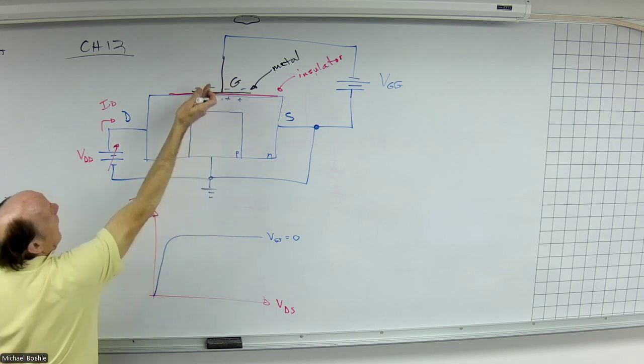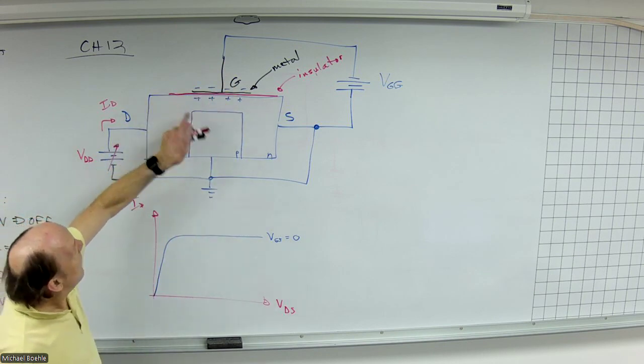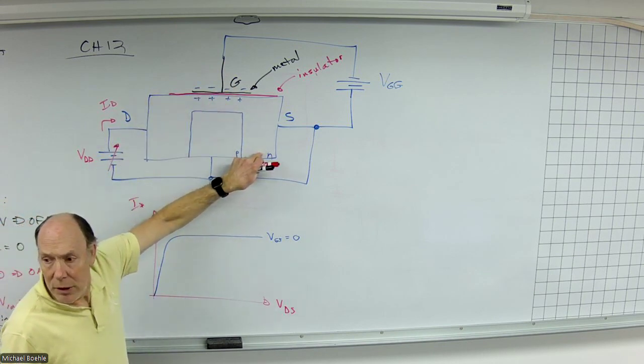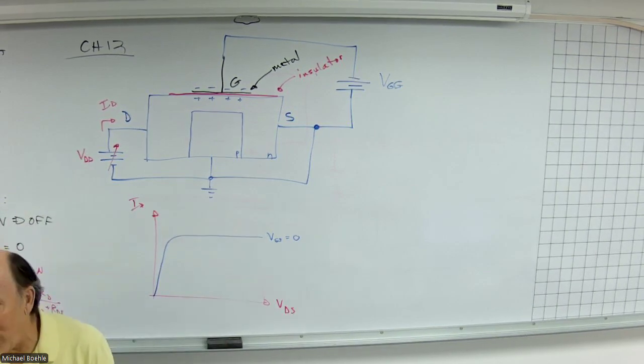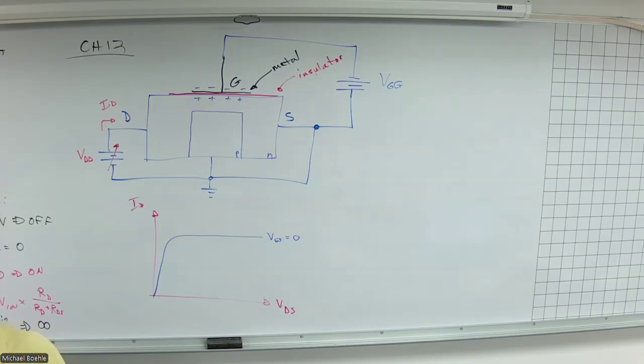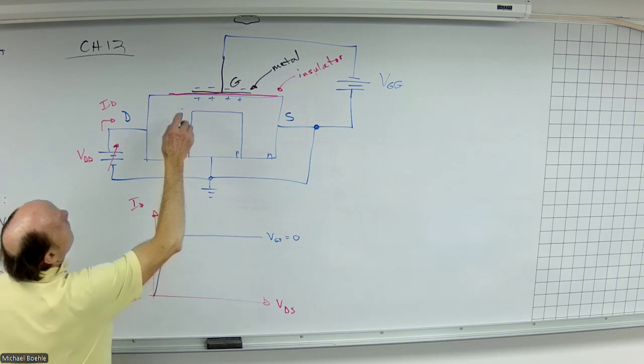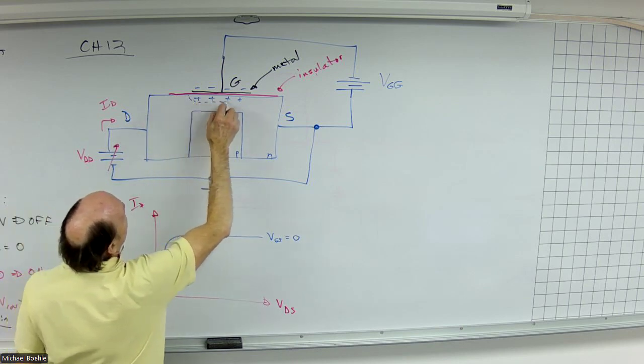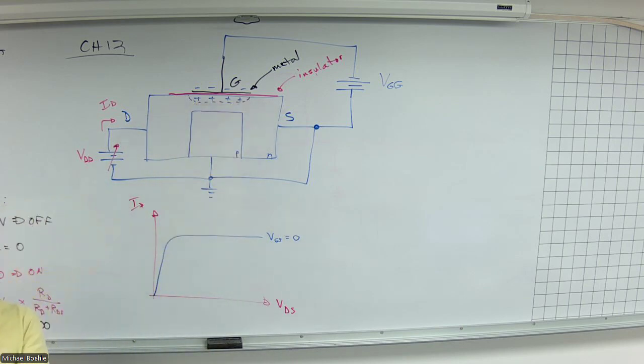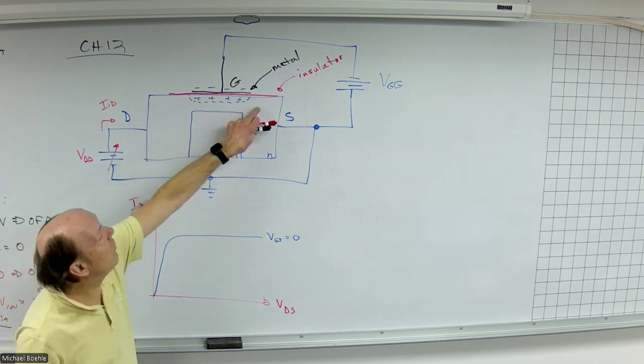Well, the other side of this gate is N-type material. So if I bring in positive charges, I'm essentially saying, hey, you know those free electrons? Bye-bye. And what we end up doing is creating a region here that no longer has free electrons. What does that do to the size of this channel?